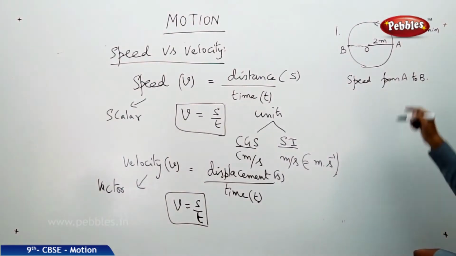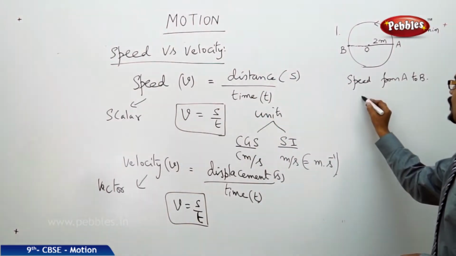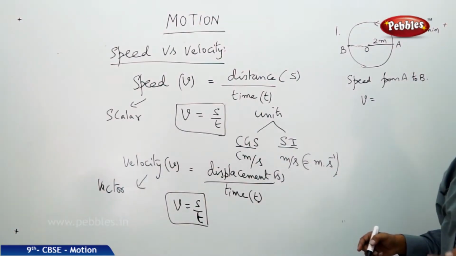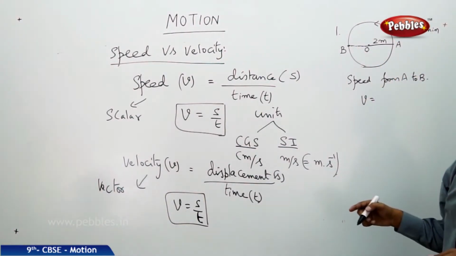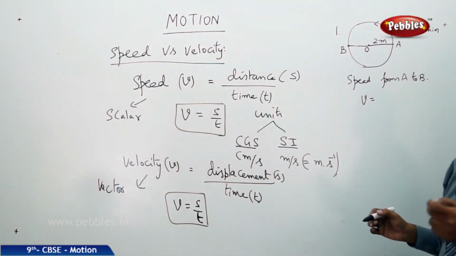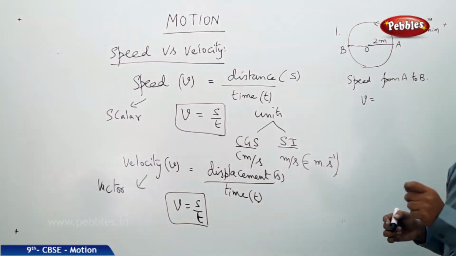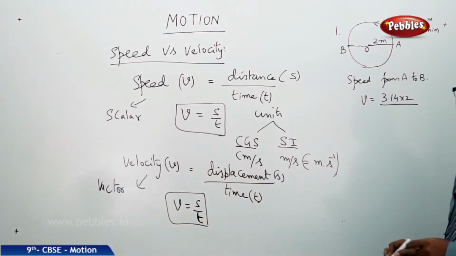To find the speed from A to B, as the definition says, distance by time. So, V equal to the distance traveled divided by time. In the previous example we discussed, the distance is 2 pi r divided by 2, half circle. So, pi r, where pi is 3.14 and r is 2 meters, so 3.14 into 2. This is the distance traveled, divided by time.